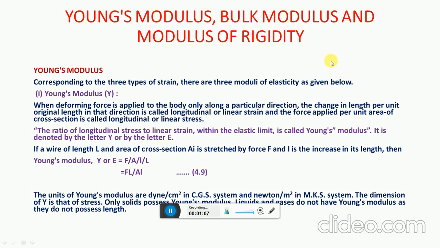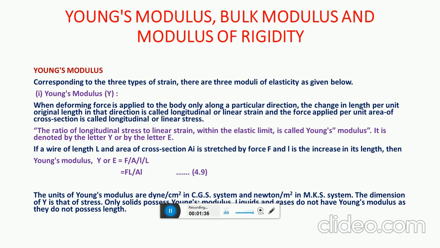And here the particular modulus, that is Young's modulus, is related to the linear or longitudinal strain. In this strain, length gets changed, because of the impact of the applied deforming force, the length of that body gets elongated or contracted.